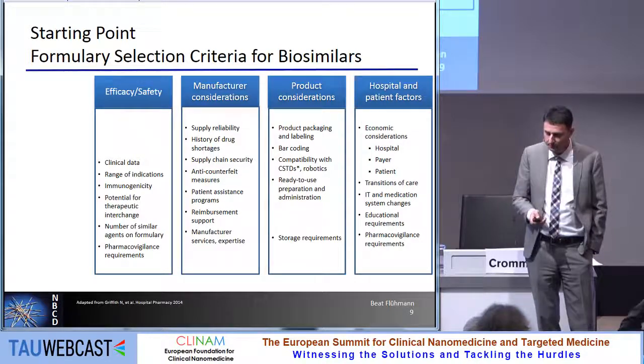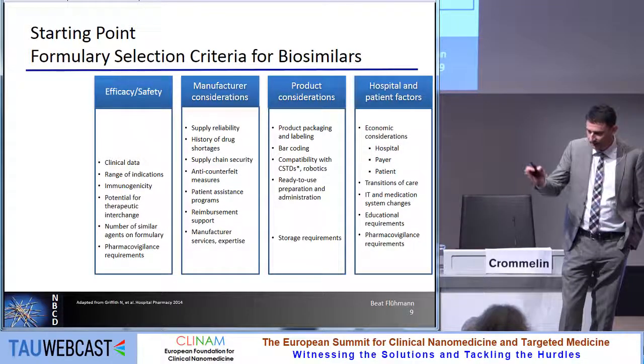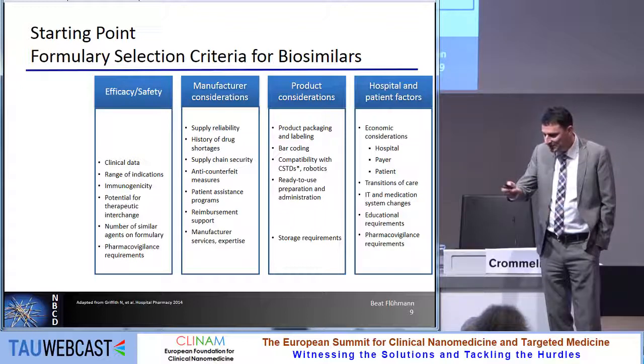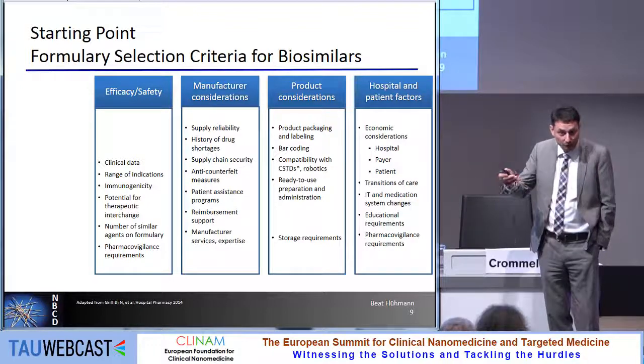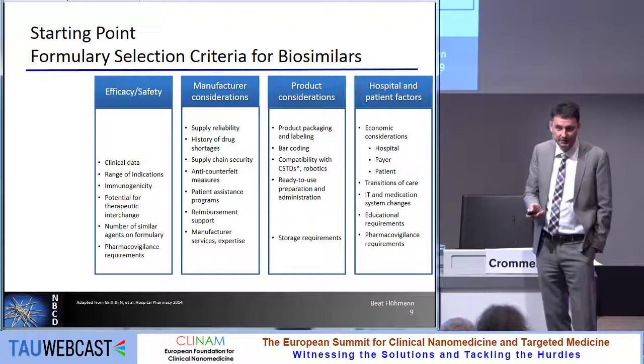So you see here, that's from Griffiths et al. Adapted. These are the criteria they looked into for biosimilars. We checked all the criteria and came to the conclusion most of these or all of these criteria are also relevant for nano products.